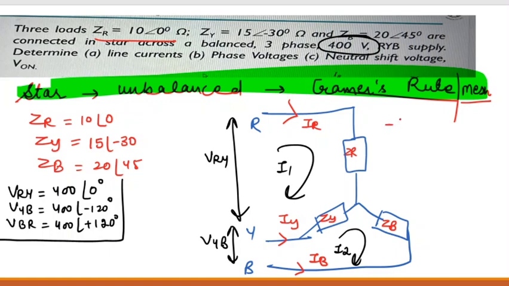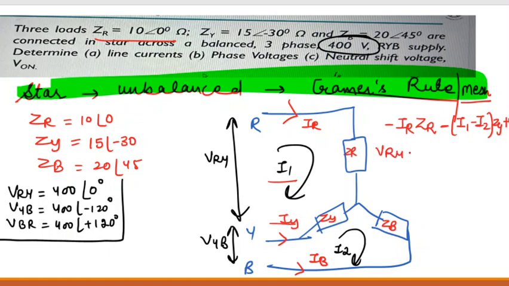So it would be minus IR ZR. Right? Then we need to write. See, the direction of this one and this one is opposite, or we can write it in terms of I1 and I2. Minus (I1 minus I2) ZY plus VRY. Yes or no?